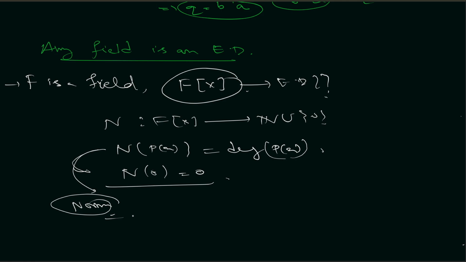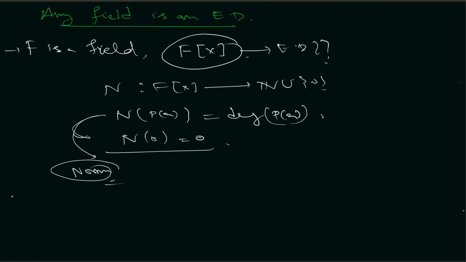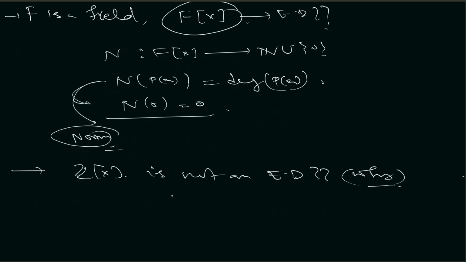Okay, but you cannot say this for Z[x]. Z[x] is not a Euclidean domain. Why? Suppose you want to divide a, the polynomial x cubed plus 4, by b, 2x plus 1. You want to write a as bq plus r.